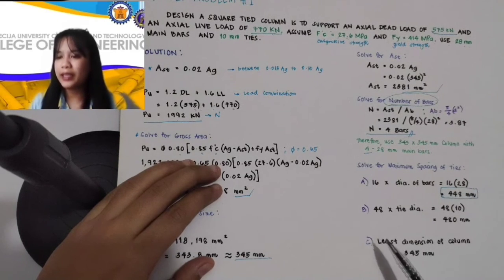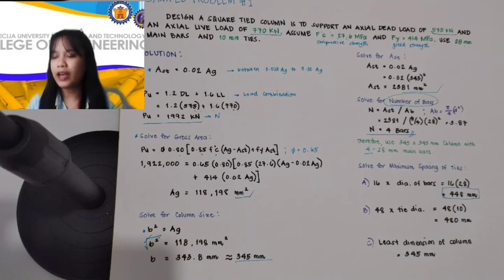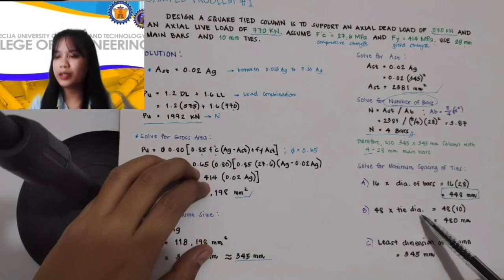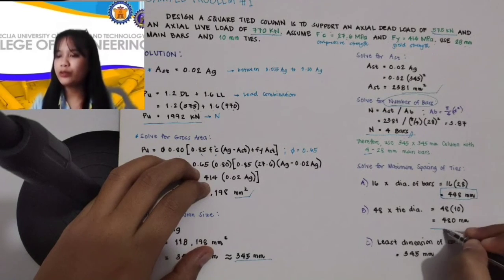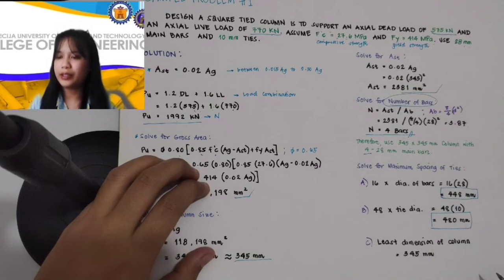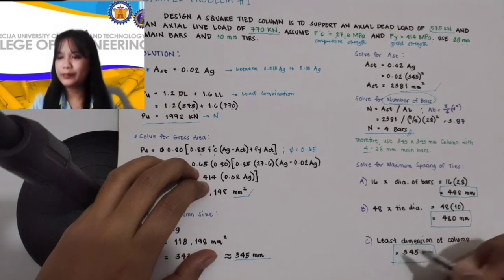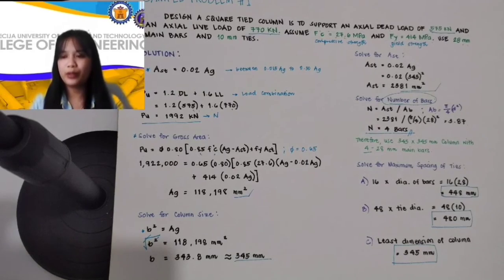Tie spacing shall also not exceed 48 diameters of tie bars. For letter B, 48 times the tie diameter, which is 10 millimeter, is equal to 480 millimeter. The least dimension of the column is equal to 345 millimeter. So that concludes our problem number 1.